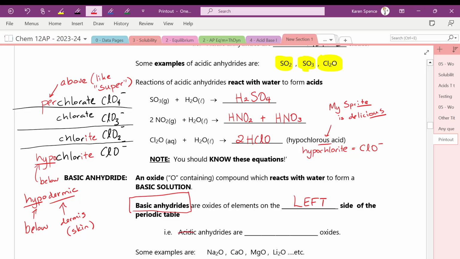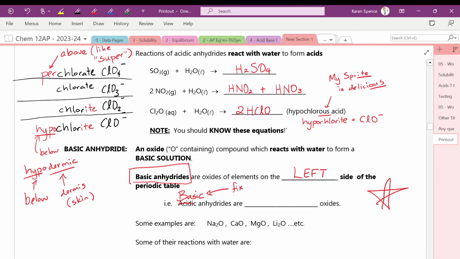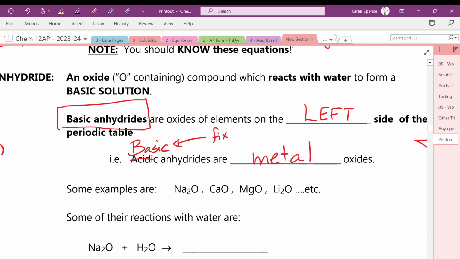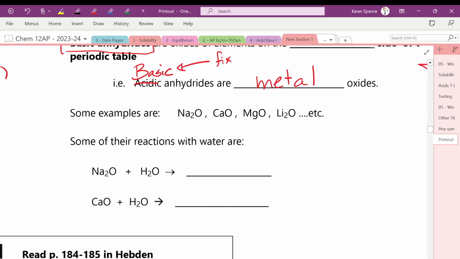Oh, this should say basic. Sorry, I need to fix that. Metal. Some examples, Na2O, CaO, MgO, Li2O, etc. Write the reactions with water.